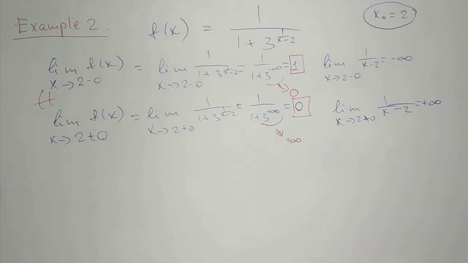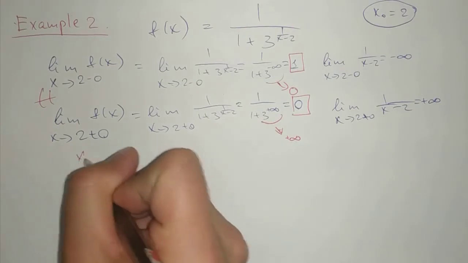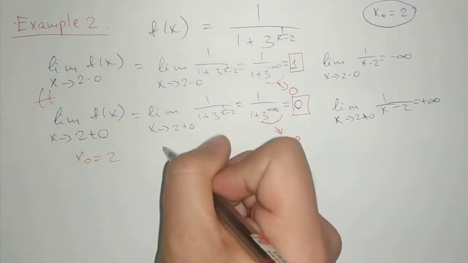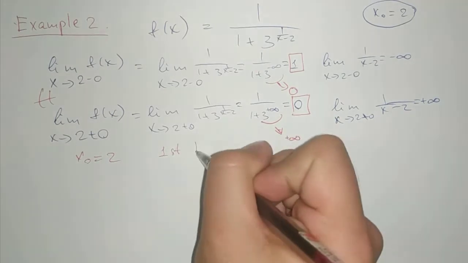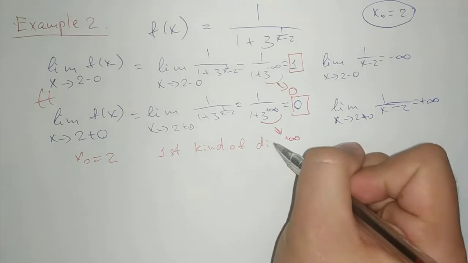So we have the first kind of discontinuity, or a jump, at the point x0 equals 2. We get the first kind of discontinuity.